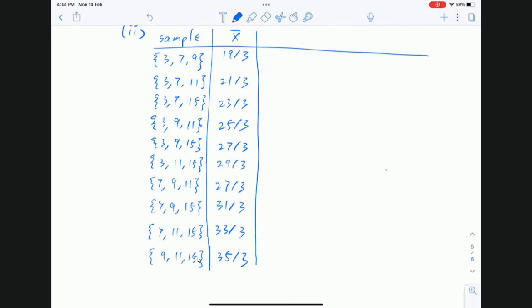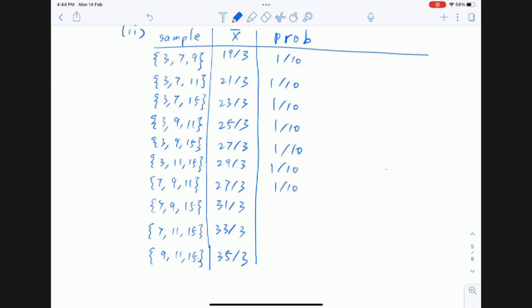So each of them will be obtained with a probability of 1 over 10. Now we have the probability of 1 over 10 to get a sample mean 13 and 19 over 3. We have another 1/10 probability to get a sample mean 21 over 3 and so on.